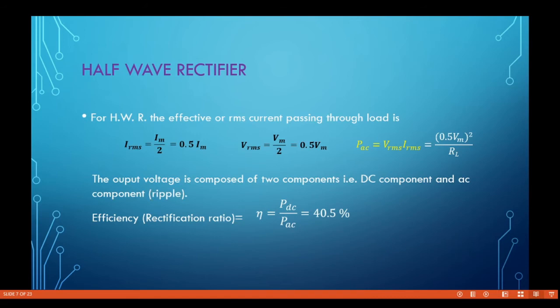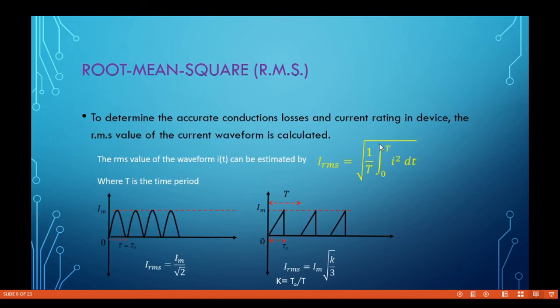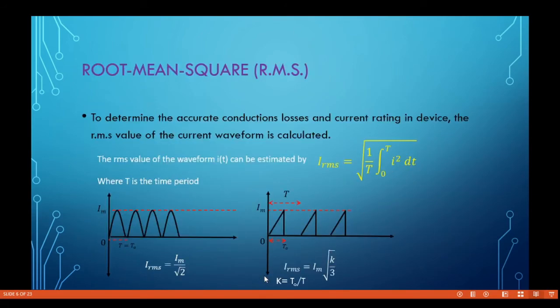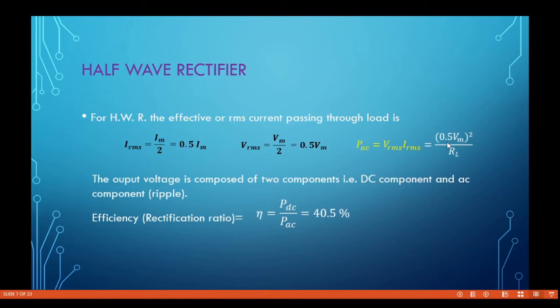Efficiency is the rectification ratio, how much the rectifier can rectify the input waveform. The rectification efficiency of the half wave rectifier is PDC over PAC. Putting in the previous formula, PDC is (0.318 Vm) squared upon RL, divided by 0.5 Vm squared upon RL. So you will get the value of 40.5%.